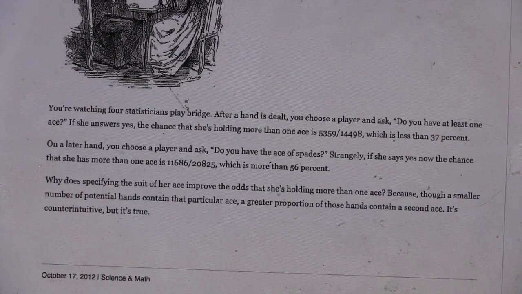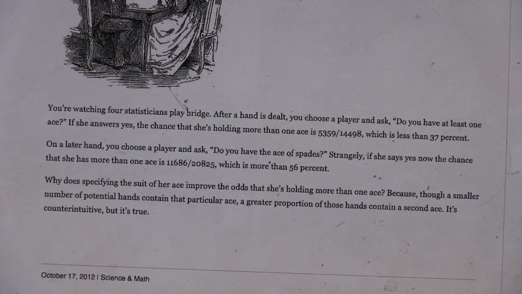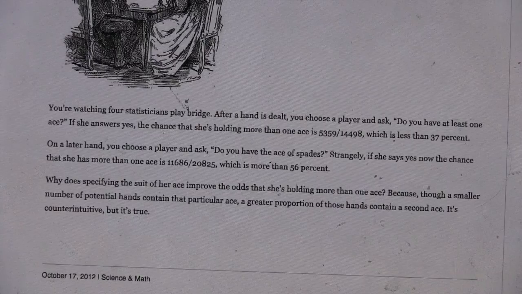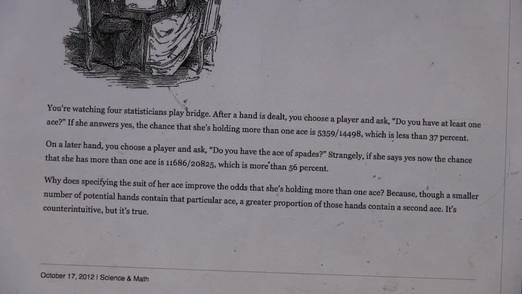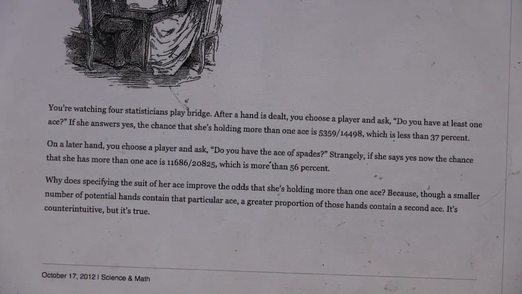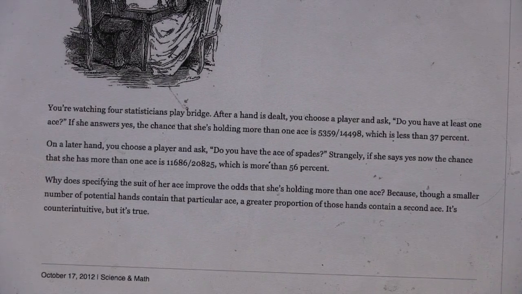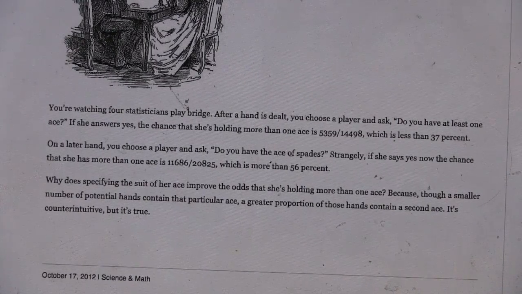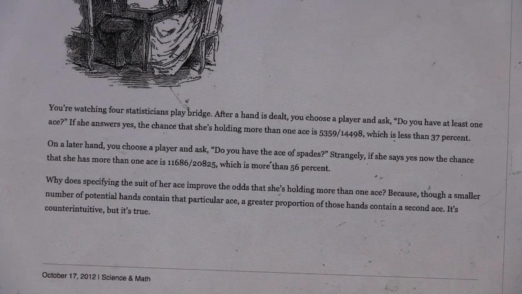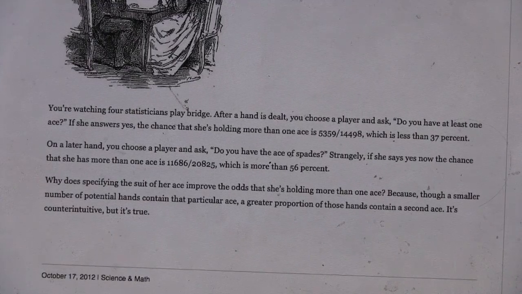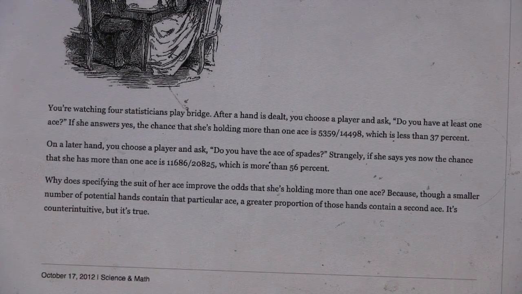So why do you think that's true? It's a surprise, right? It's the opposite of what you guessed. What do you think could be going on here? So having a specific ace, the ace of spades, increases your chance of having more than one, versus if you just ask about any random ace, basically.